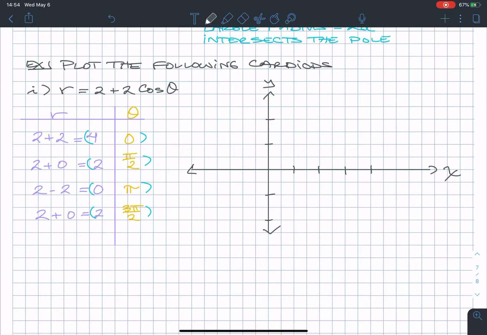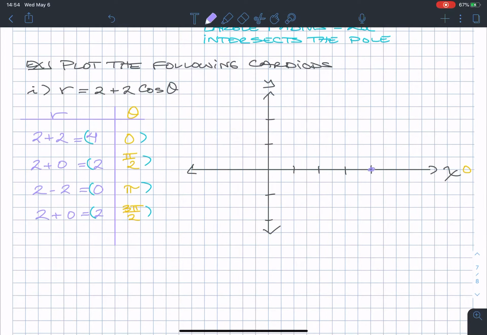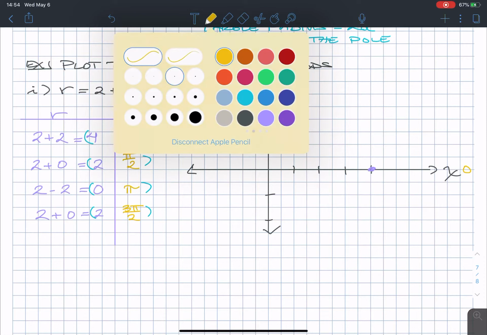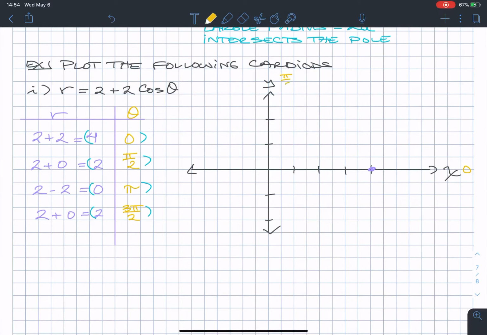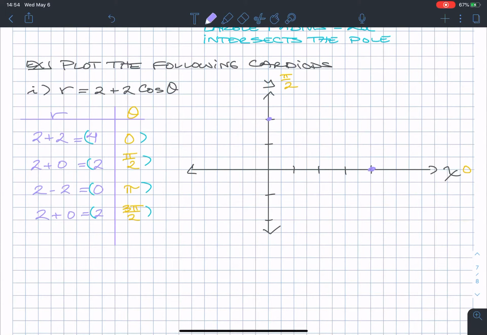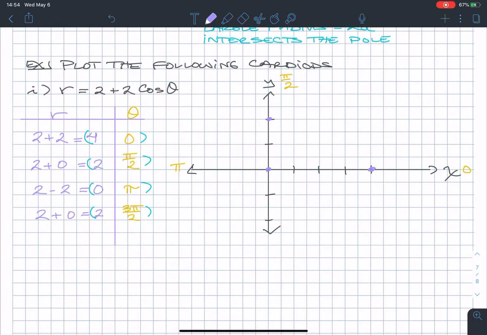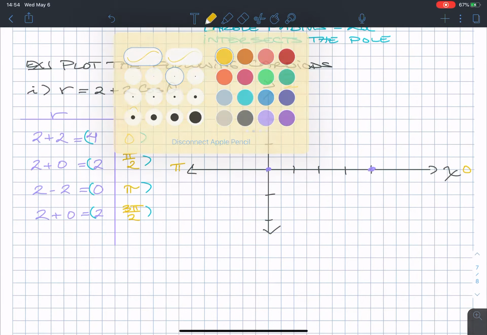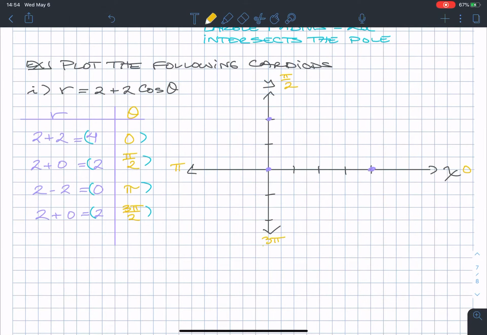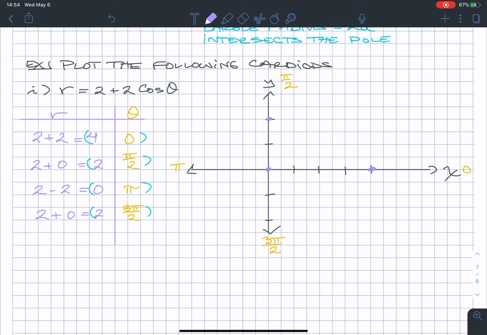Okay, so at 0 radians, my radius was 4. At pi over 2 radians, my radius was 2. So at pi radians, in the direction of pi, my radius was 0. At 3 pi over 2 radians, so in the direction of 3 pi over 2, my radius is 2.